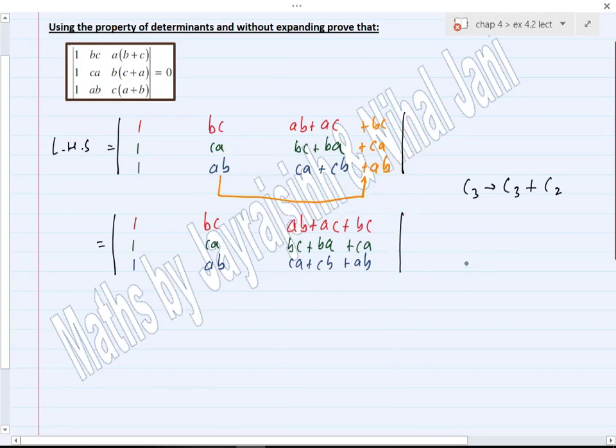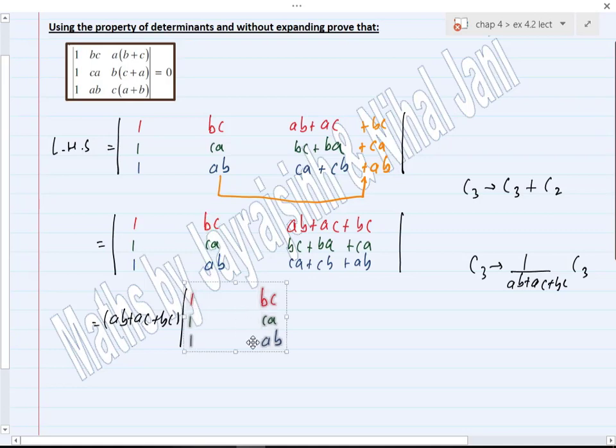So from the third column, we can take common AB plus AC plus BC. So here we will get AB plus AC plus BC. Again, first two columns will be as it is, and third column will be 1, 1 and 1.